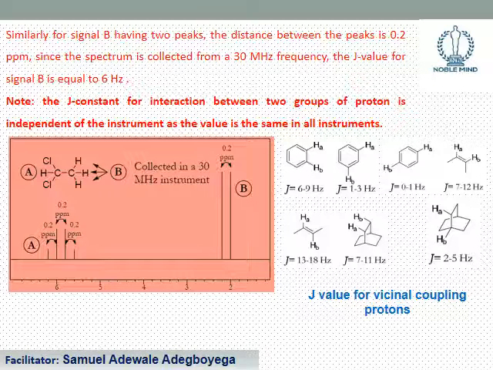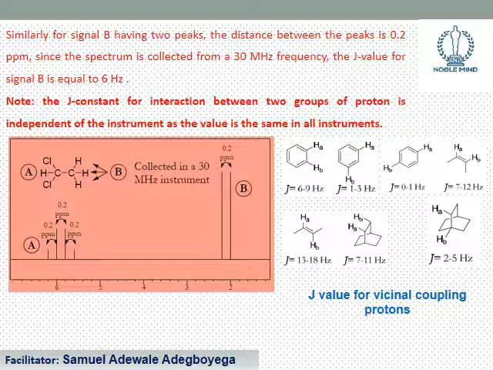Let's look at this signal. You have signal A and you have signal B. We have known that it is signal B that will split the signal of A. The number of protons in signal B will determine the number of peaks we will have in signal A. So you now have 4 peaks here on signal A, and you take the difference between the peaks in ppm, which you discover is 0.2.